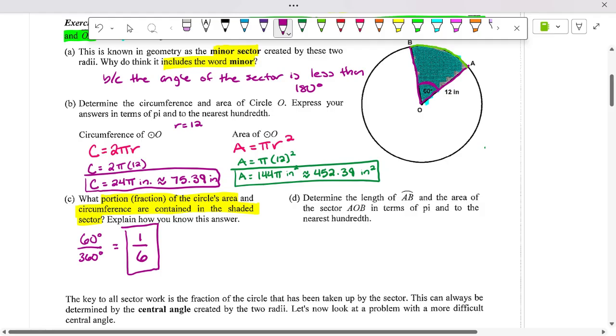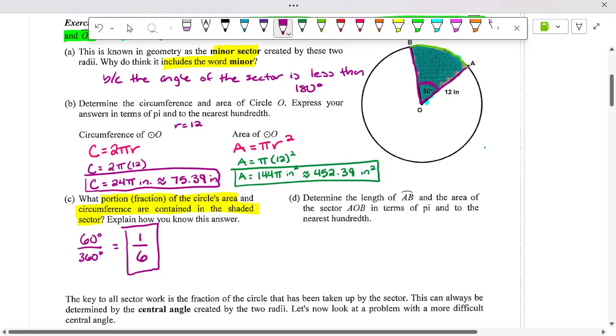Well, divide by 4 is 3. Or you could multiply 12 by how much of this pie this is. It's a fourth of it. Is it 12 times 1/4 equals 3? Yep.